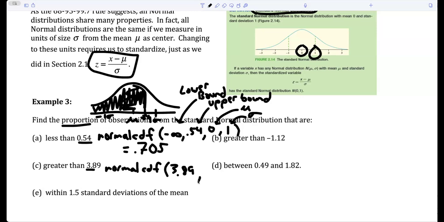The upper bound would be positive infinity. And then we standardize, so mu and sigma are 0 and 1. And let's label it: lower bound, upper bound, mu, sigma. And so now take your calculator.